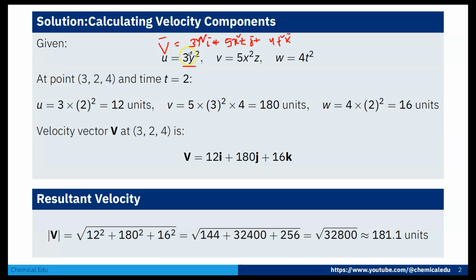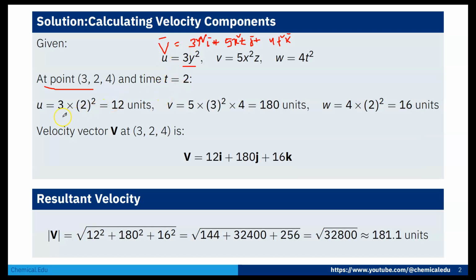Here u is 3y², v is 5x²z, and w is 4t². The coordinate is given at the point (3, 2, 4), so x is equal to 3, y is equal to 2, and z is equal to 4, and time t is equal to 2.